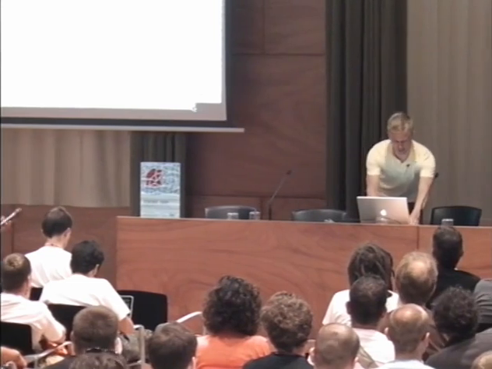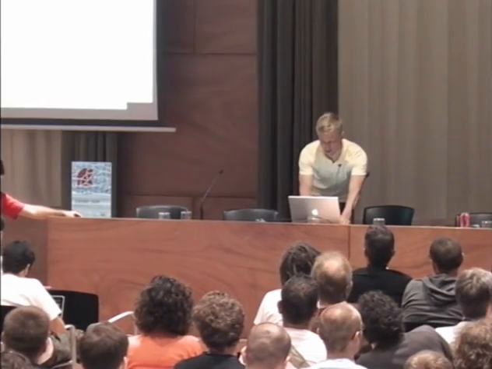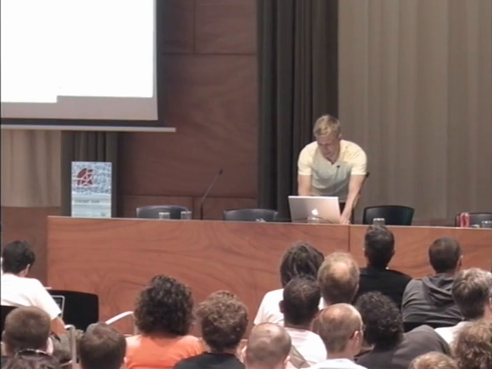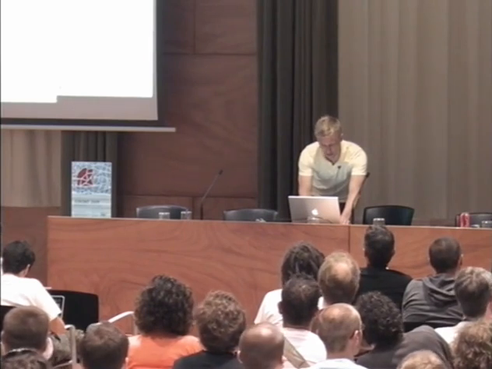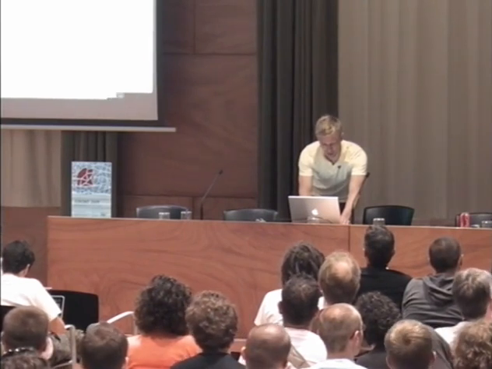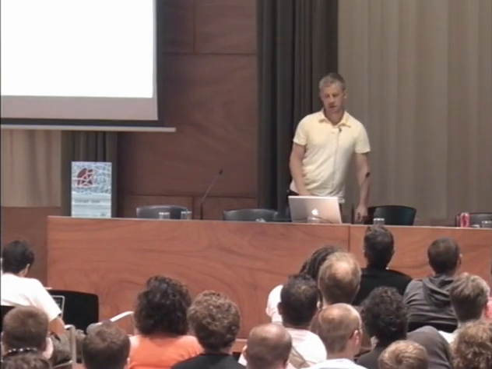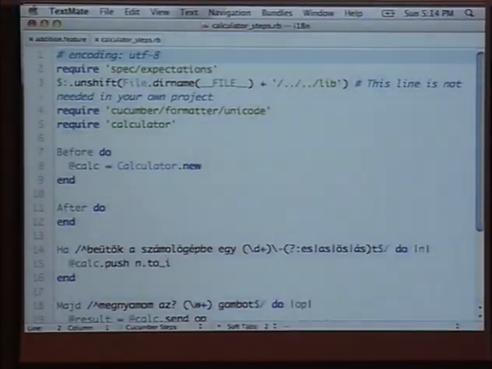You have to save the files as UTF-8, and in the step definitions, in Ruby 1.9, you actually have to put a comment like this. But in Ruby 1.8, you have to define $KCODE equals UTF-8, right? So it's just slightly different ways of telling Ruby that this is Unicode.